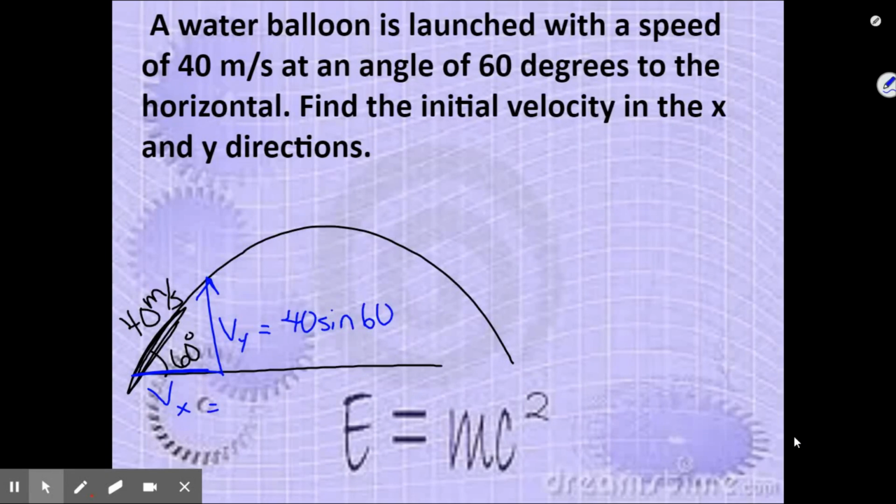And Vx, since we're dealing with this angle, it's going to be 40 cosine 60. And you can plug those in and see what they happen to be. So we've got 40 sine 60 gives me 34.6 meters per second. And 40 cosine 60 gives me 20 meters per second.